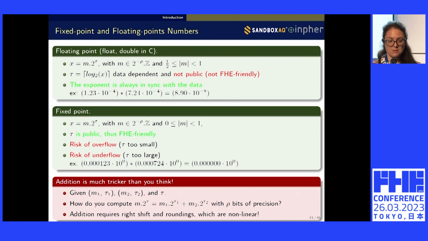Another particularity is that with the fixed point representation, it is not so linear to do even additions, because given the mantissa and the exponent, to compute the addition of both fixed point numbers with raw bits of precision, we need some nonlinear operations such as right shift rounding, which are not linear.